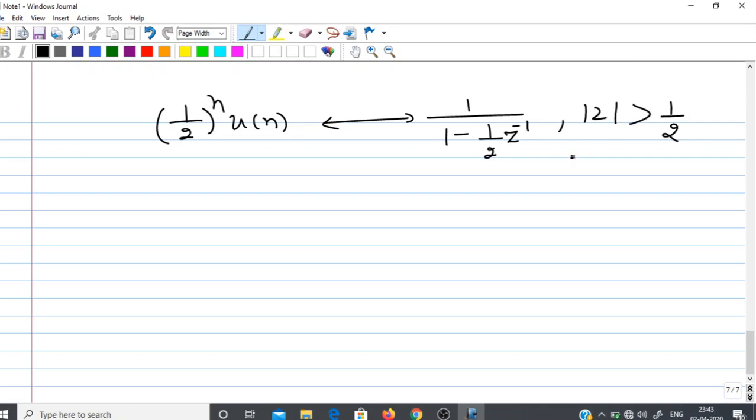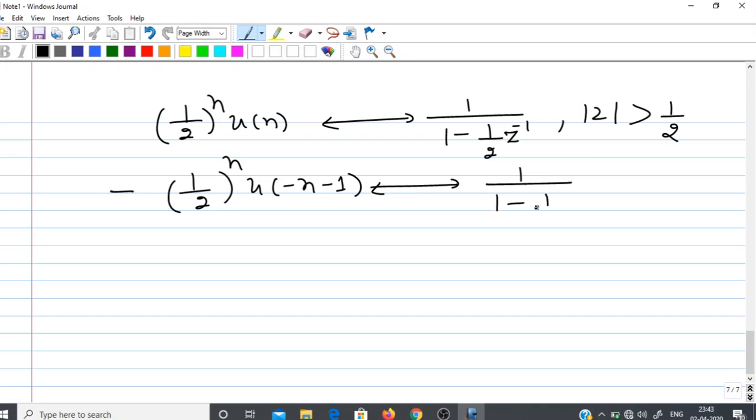So the ROC was exterior to the circle of radius half. And today we saw that the Z transform of the sequence minus half to the power n u of minus n minus 1 is 1 upon 1 minus half z inverse for mod z less than half.